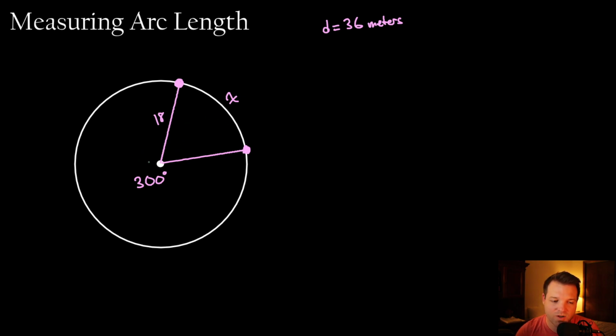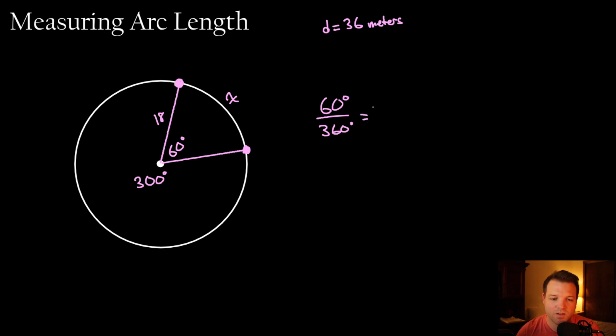So I'm going to subtract 300 from 360, and that means that this angle must be 60 degrees. So I have the amount that this piece of the pie makes up of the whole. That is 60 degrees out of the whole of 360 degrees.